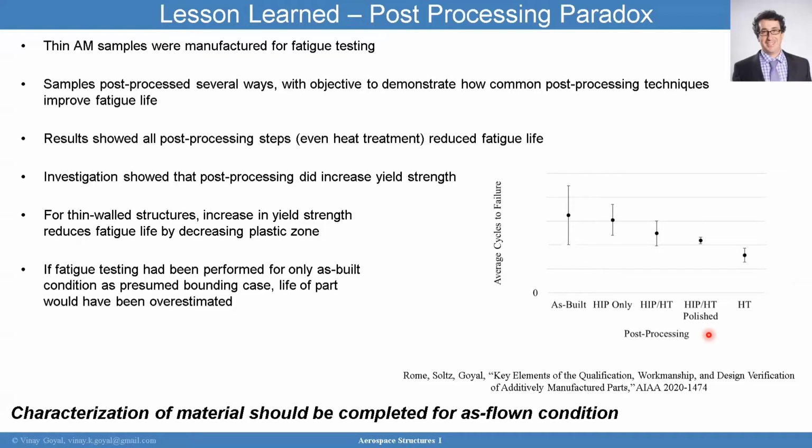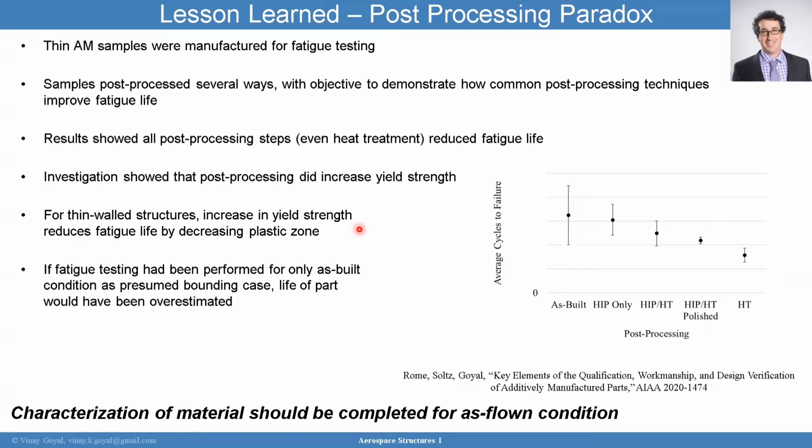But these are very thin samples. It's complicated, but when you have very thin samples with a crack, you get this plastic zone ahead of the crack. Because you had lower yield strength in the as-built samples, there was more work in the plastic zone, so there was less crack growth, and you ended up with this backwards.